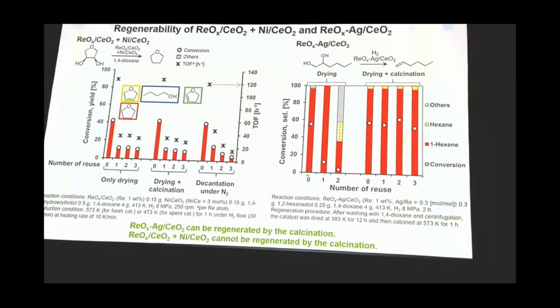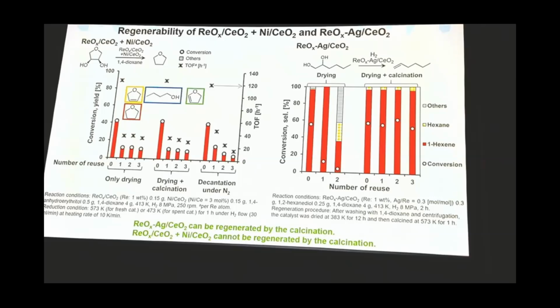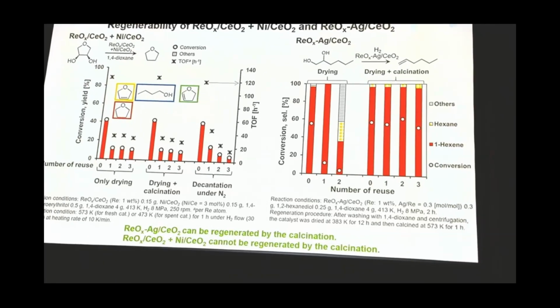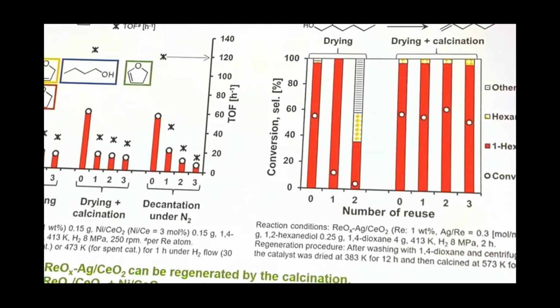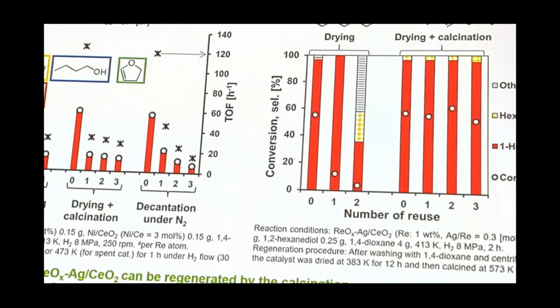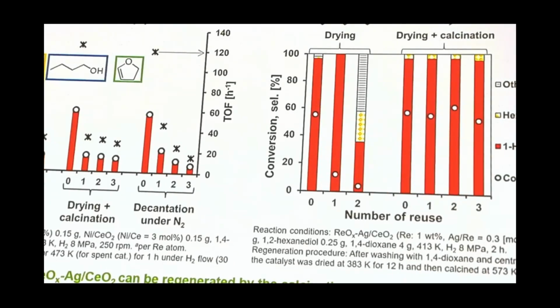This is a very clear contrast. In the case of the nickel, the regeneration is not easy, but in this case, one of the differences is that the nickel catalyst has a larger molar ratio of nickel to rhenium.